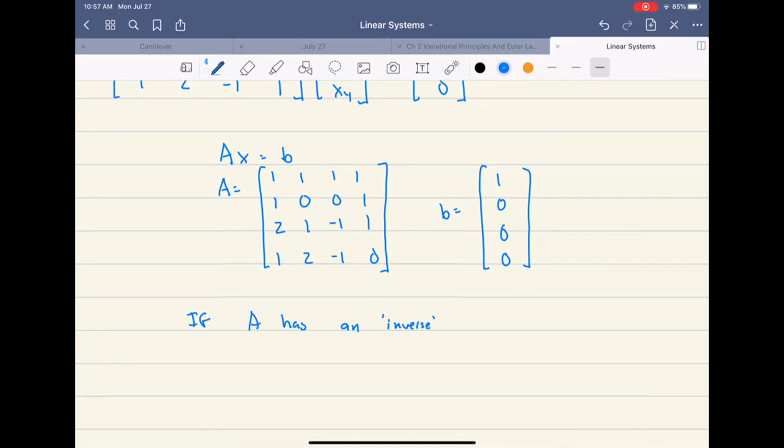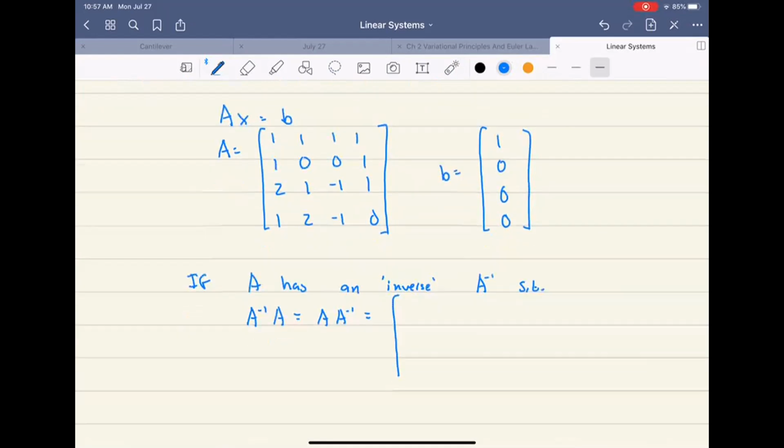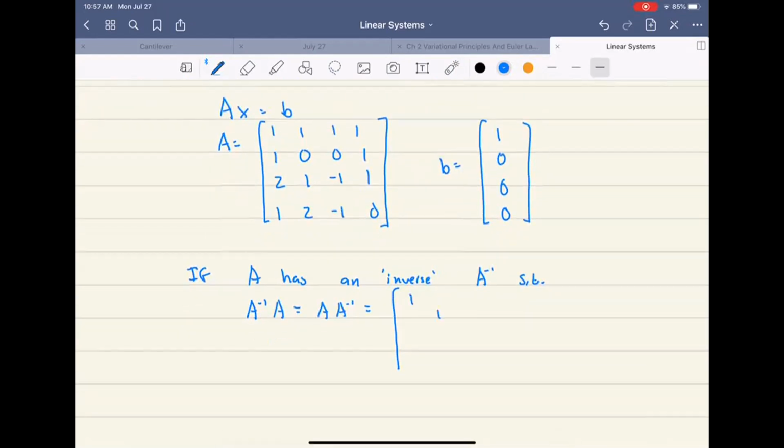So our inverse is A inverse such that A inverse times A equals what's called the identity, which is always ones along the diagonal.